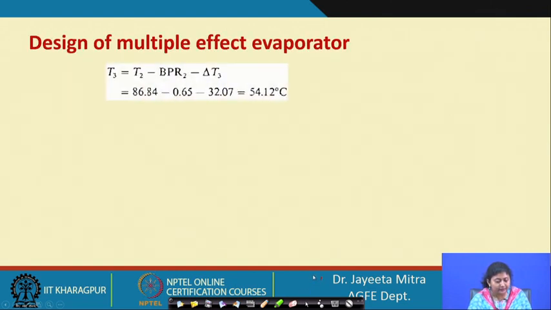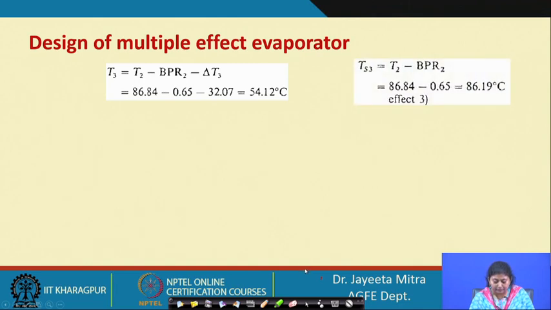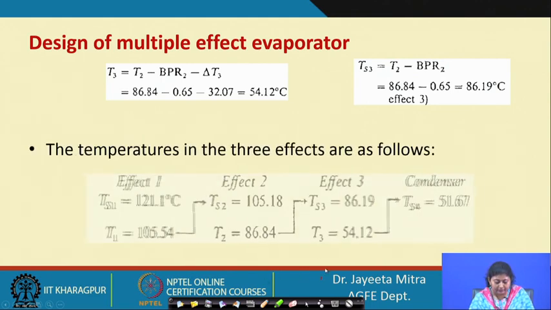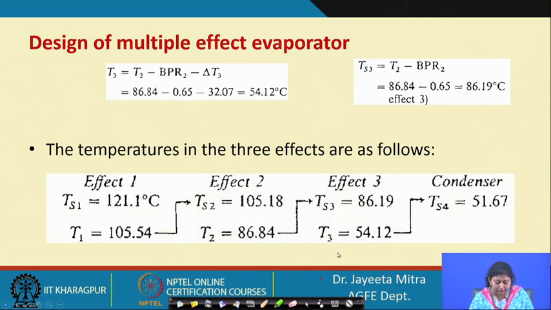Similarly, for the third effect we have calculated T2, that is entered, minus boiling point rise minus delta T3, the difference in the third effect. So, T3 we are getting 54.12. Ts3 will be 86.84 minus the boiling point elevation, so 86.19. The temperatures in the 3 effects we have now calculated.